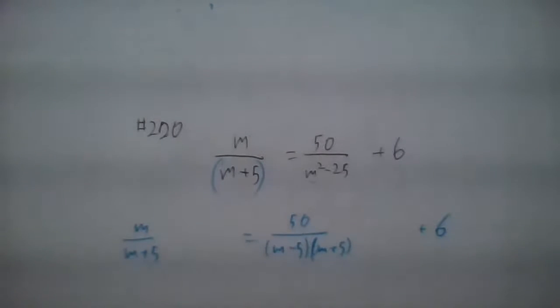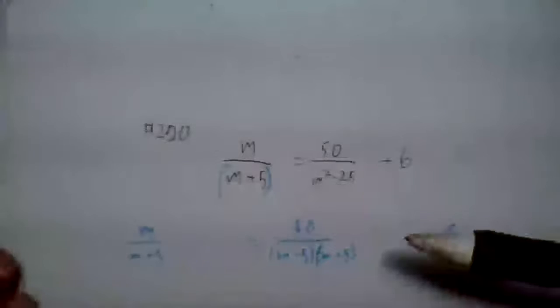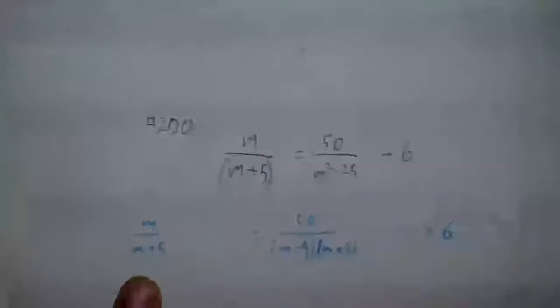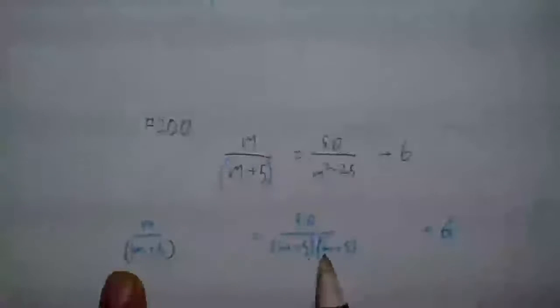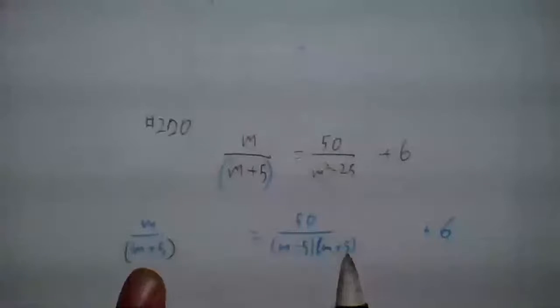And now I got to think, what am I going to multiply by? What contains all of the factors that are in the denominators here? I don't care about the top, just looking at the denominators. I left my containers off that. But it's going to have to contain all of this stuff. That's m minus 5, m plus 5. That already contains the other one. This is trying to go fuzzy again.